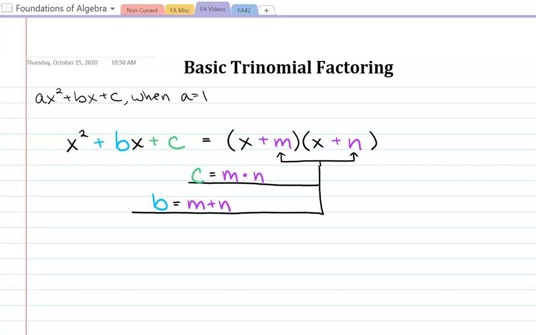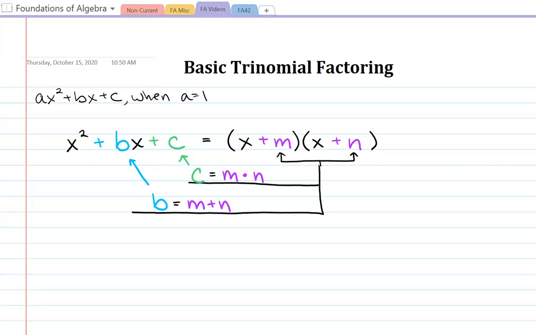We start with our basic trinomial, and it's going to factor into this form where the two numbers, m and n, multiply to c, and if we add them together, we get b.